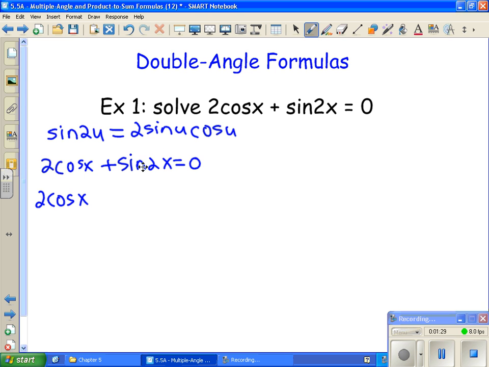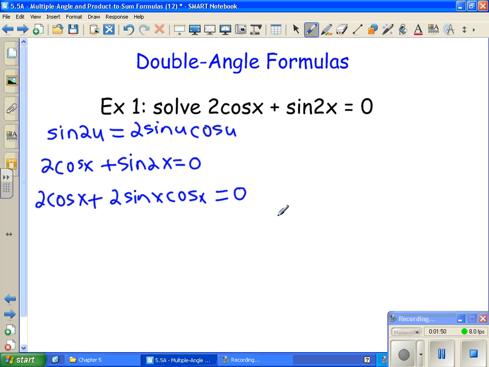Now substituting right here, for this expression, I'm going to plug this in. So plus 2 sine x cosine x equals 0. Now I've rewritten it, and there's no double angle there.